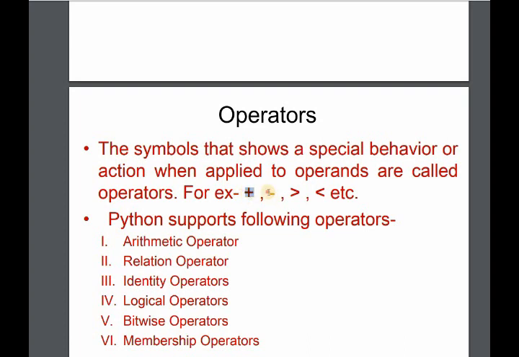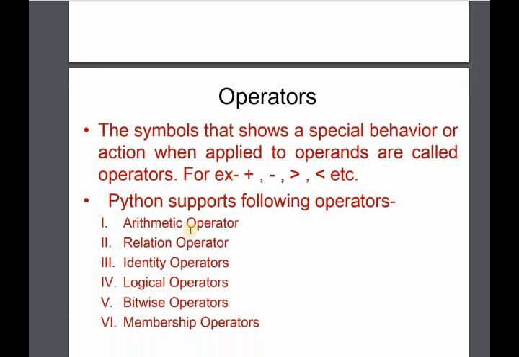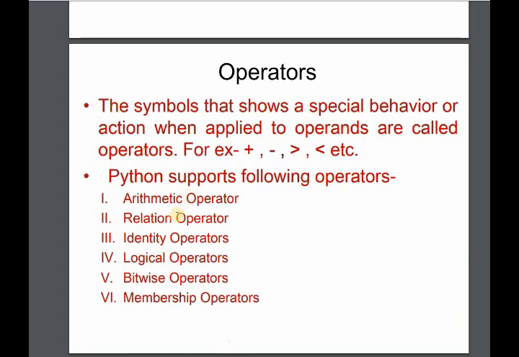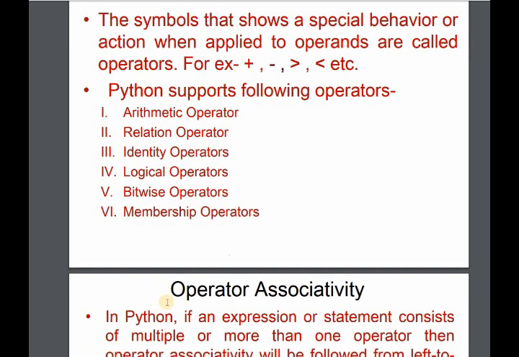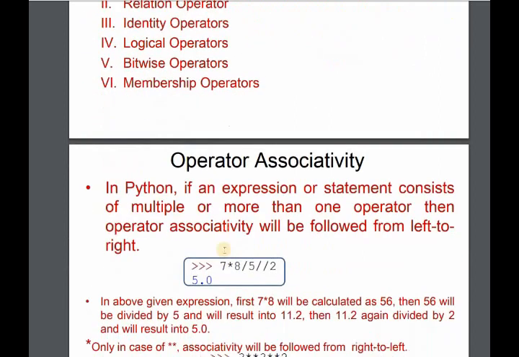If you want to subtract something, you can use the minus symbol. There are several types of operators: arithmetic operator, relational operator, identity operator, logical operator, bitwise operator, and membership operator. How they differ from each other, I'll tell you.